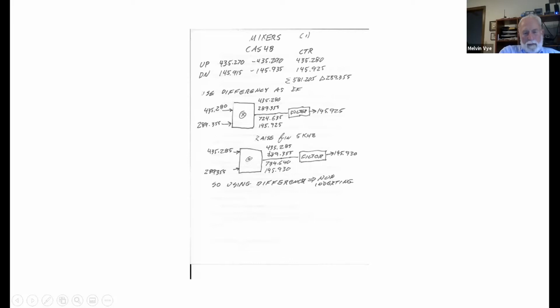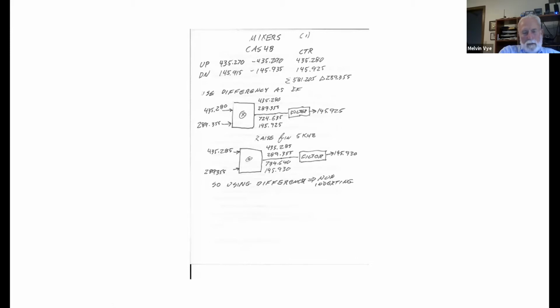And the sum of the frequencies that I get out are, again, the sum and the difference. And what I get out is a 145.930. And we notice that that frequency is 5 kilohertz higher than the frequency that I put in. So if I use the difference of the center frequencies as my local oscillator, then this transponder becomes a non-inverting transponder.